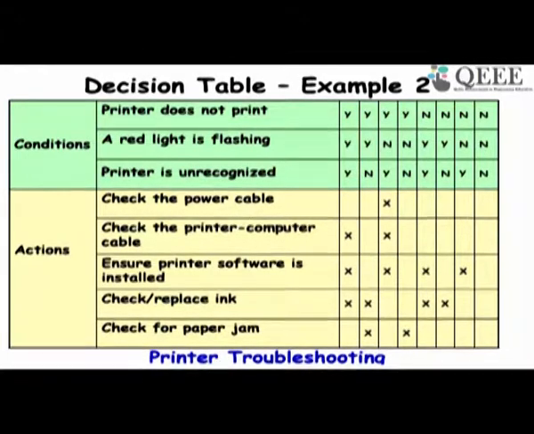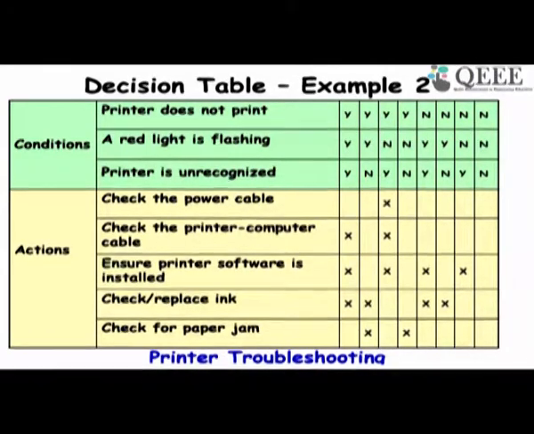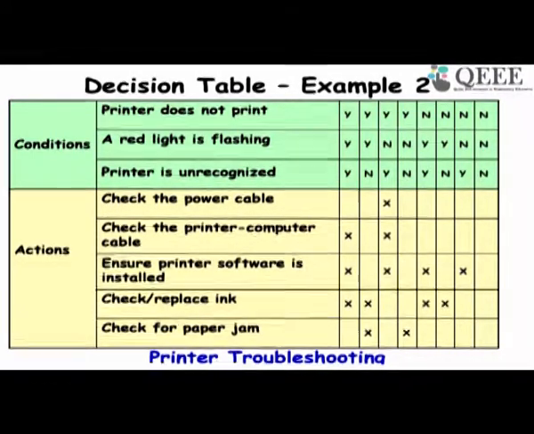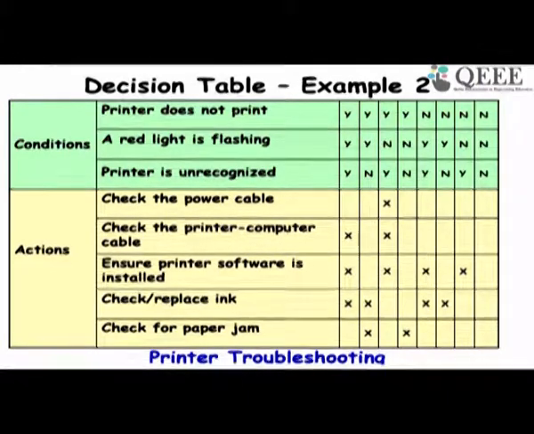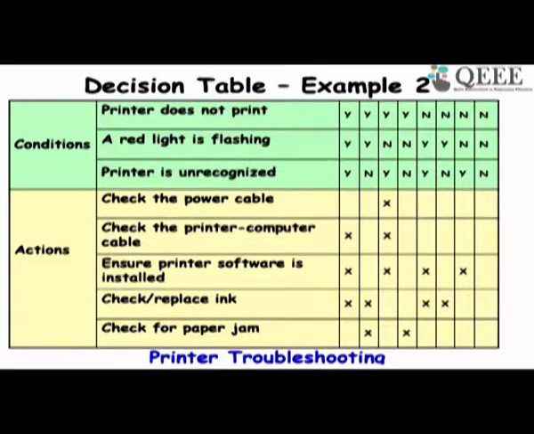This is about a printer troubleshooting application. So based on what is the observed symptom of a printer not working, we can write what actions we should take. This may be part of a maintenance manual or something. So let's say the printer does not print, the red light is flashing, printer is unrecognized, then we have to take these three actions.